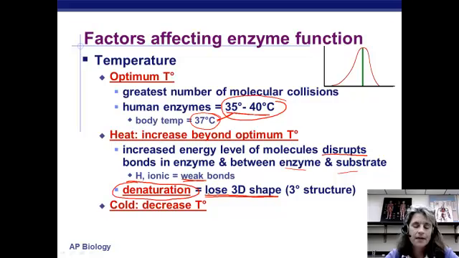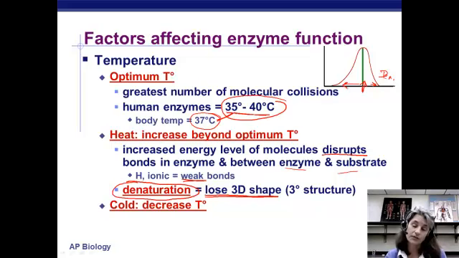Okay? Now, if you decrease the temperature below the optimum, so remember, here's my optimum. We know what happens if I increase the temperature above the optimum. I'm going to risk the denaturing process. But if I lower it below the optimum, I'm not so much risking misshaping my protein anymore. It's not necessarily going to fall apart like it would when it's hot.